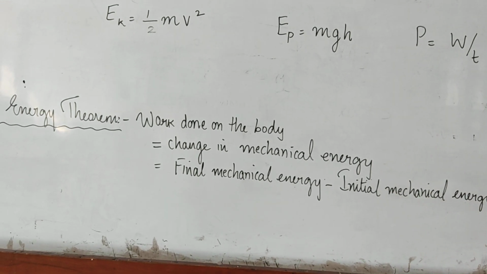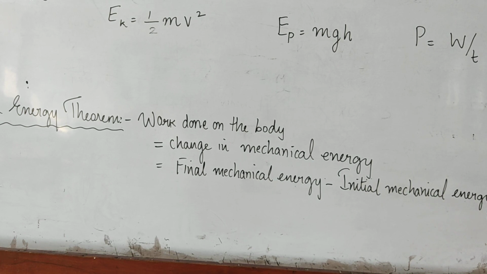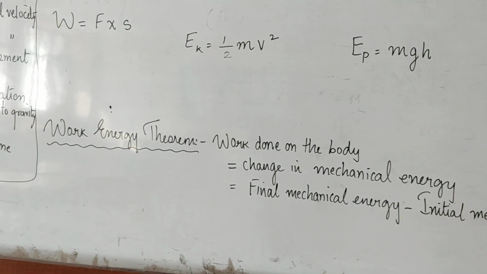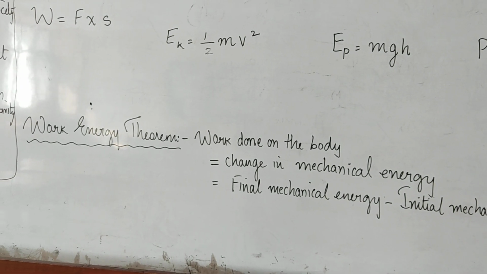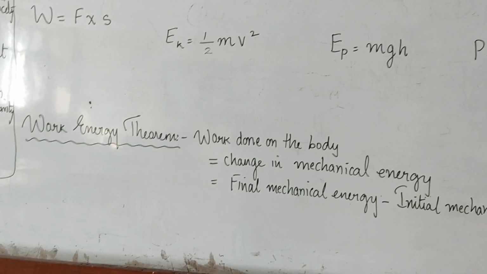So in that case, work done on the body will be change in its potential energy only. So depending upon the question, you should use this work energy theorem. So remember, work done on the body is change in mechanical energy of the body. This is the statement of this work energy theorem.